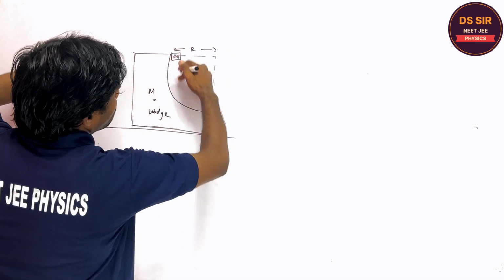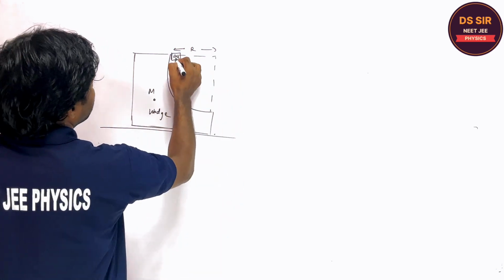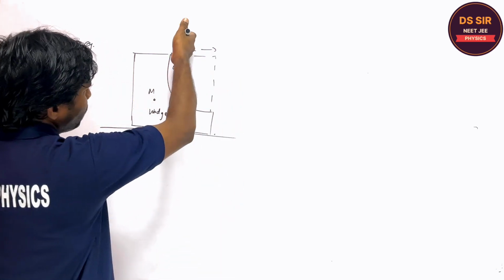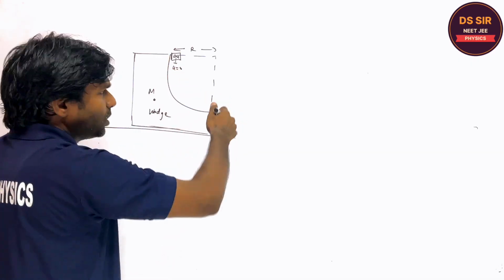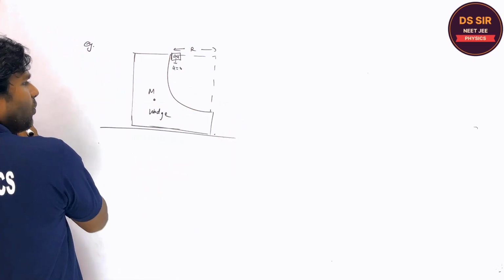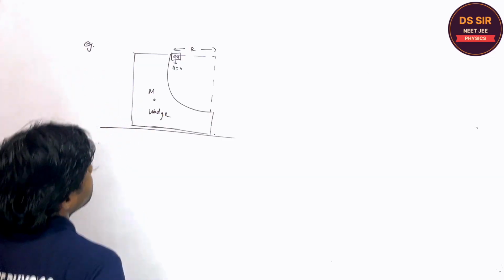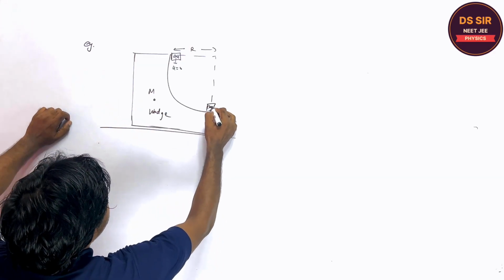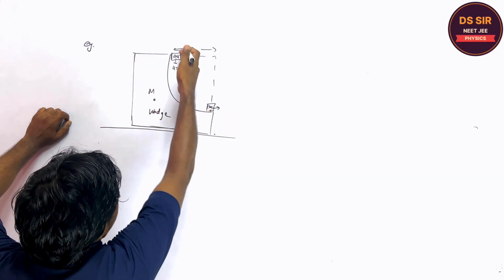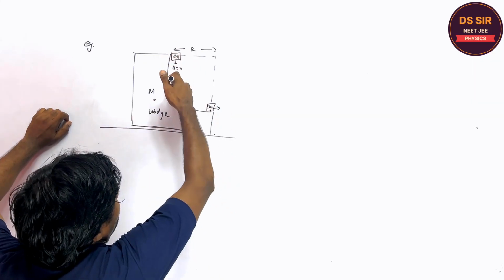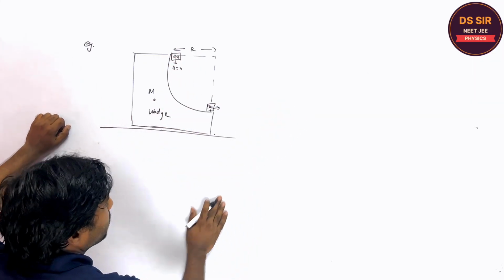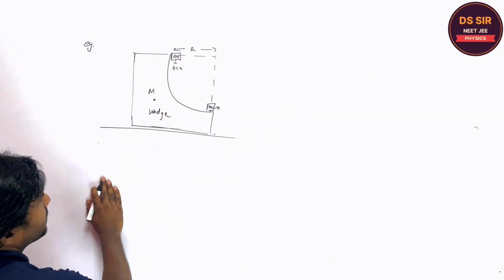The radius of this circular track is r. So when it is released from rest, what will happen? It will come down. When it comes down along the circular track, it acquires some velocity, and the wedge acquires some other velocity.